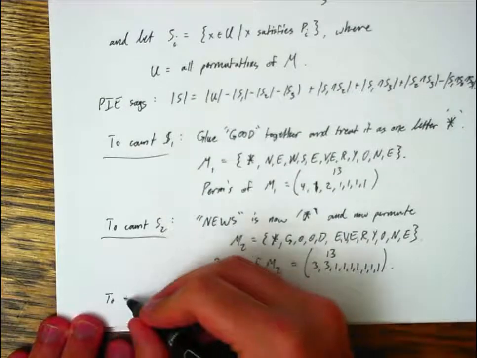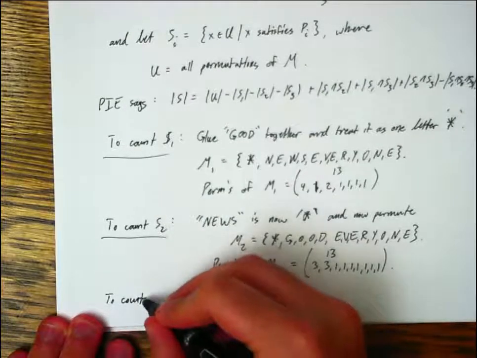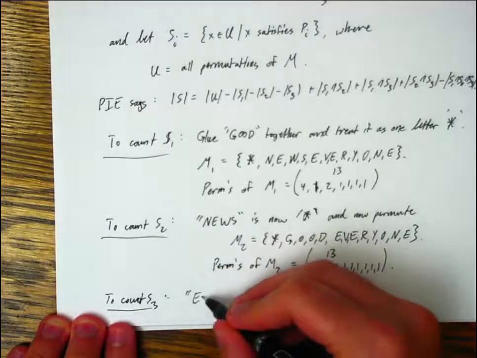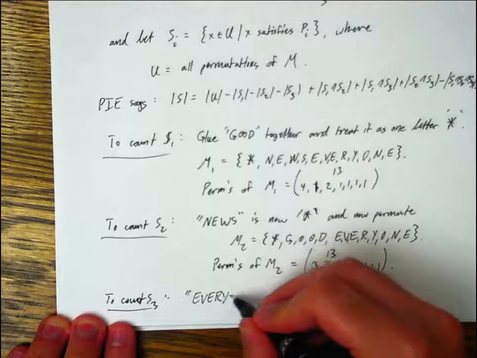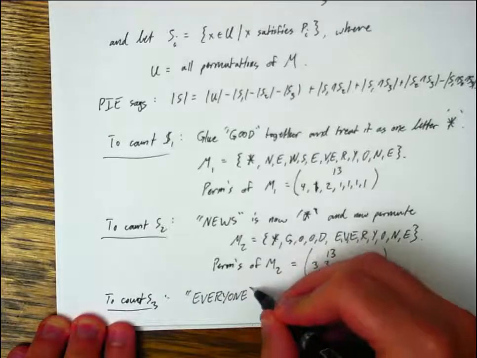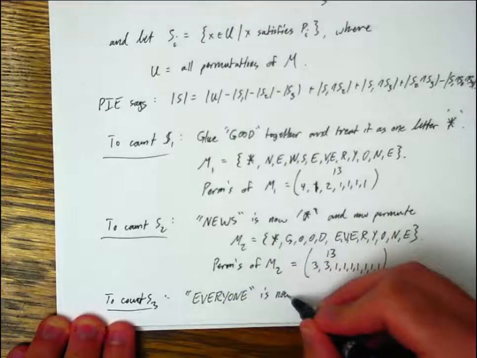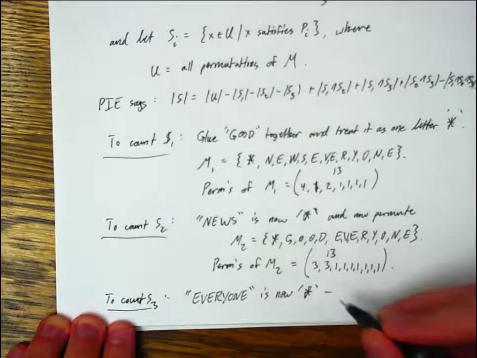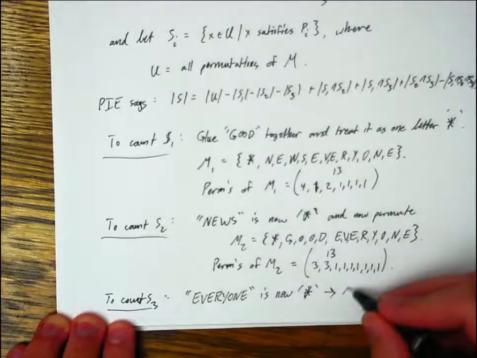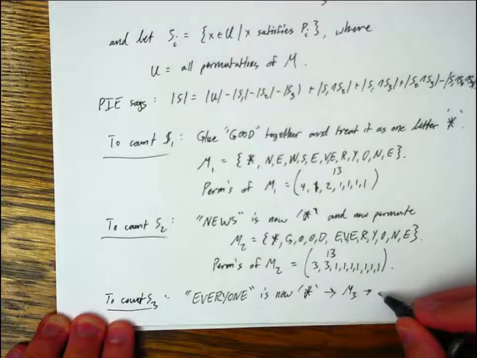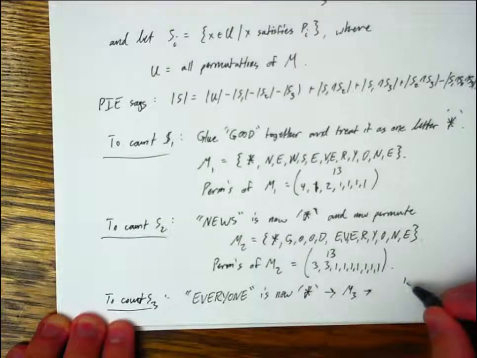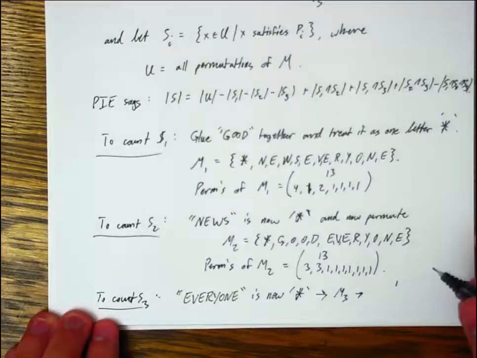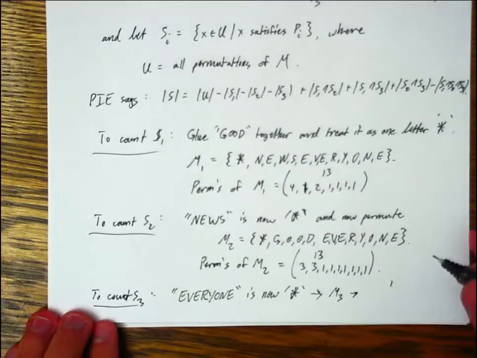Okay, and finally, we count S3 by taking out everyone. Everyone is now star. Everyone's a star. And this creates M3, and we permute that as, oh, now we change the total number here. No longer are we dealing with 13 letters in total.